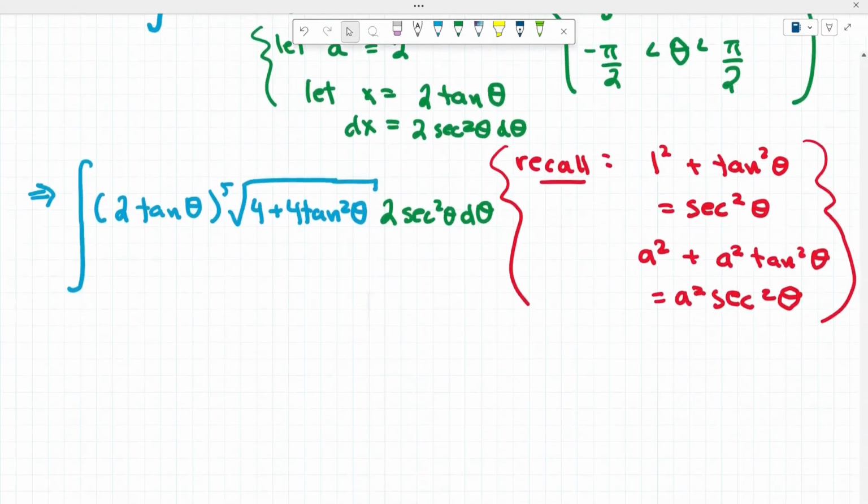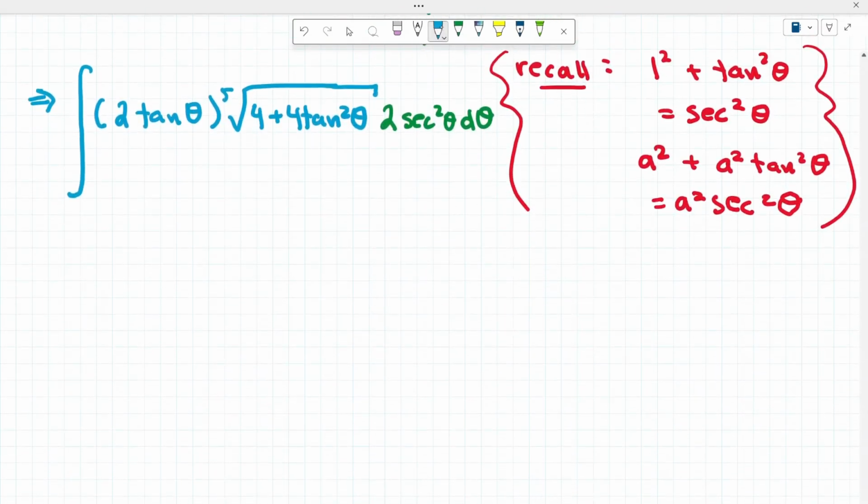Okay, let's go ahead and work on simplifying this. We now have 2 to the power of 5, because we can expand the 5 to apply to both terms in our bracket, so we have 2 to the power of 5 multiplied by tan to the power of 5 theta.